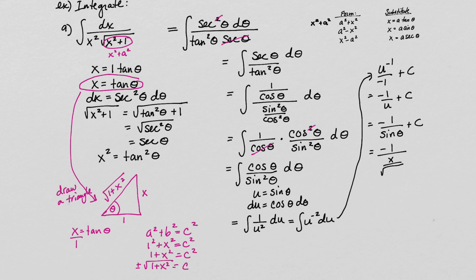The hypotenuse is the square root of 1 plus x squared. And then again, since I'm dividing, this is negative 1 times square root of 1 plus x squared over x plus c. Or I can put them together. Negative square root 1 plus x squared all over x plus c.